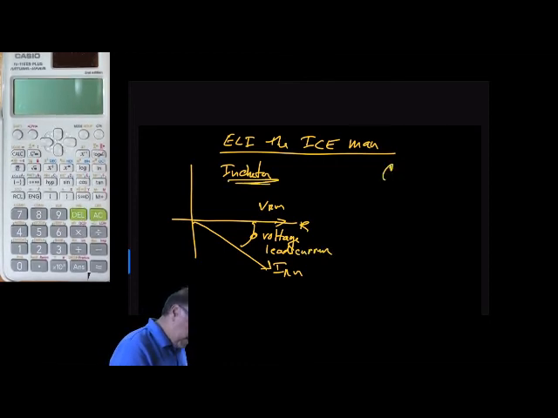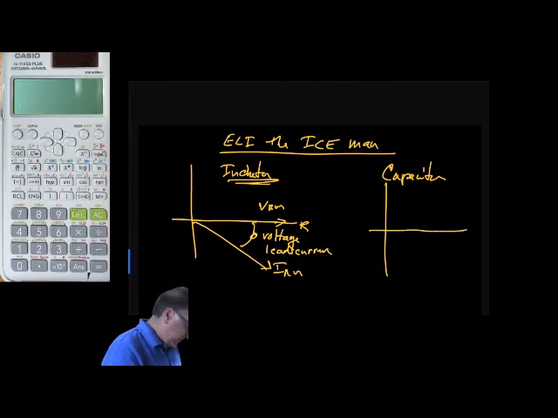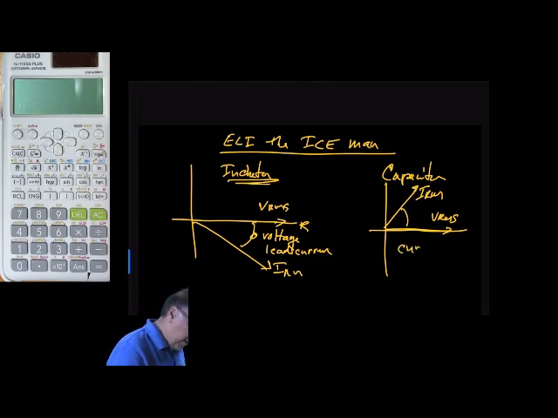We have a capacitor. We have the voltage RMS and the current. And we see that current leads voltage.